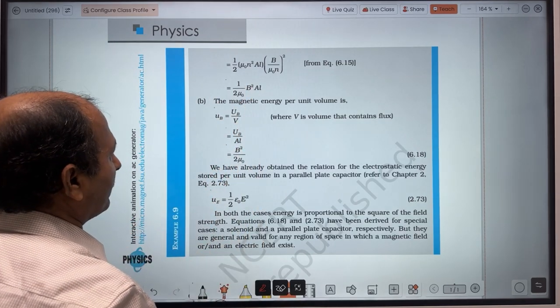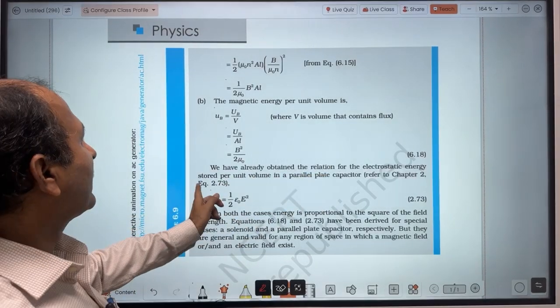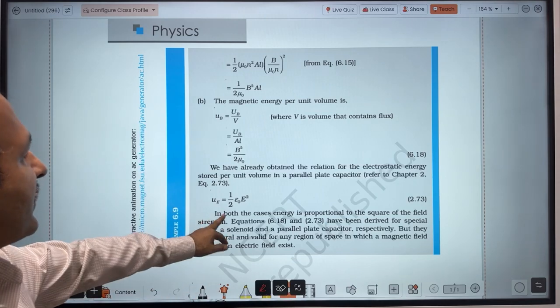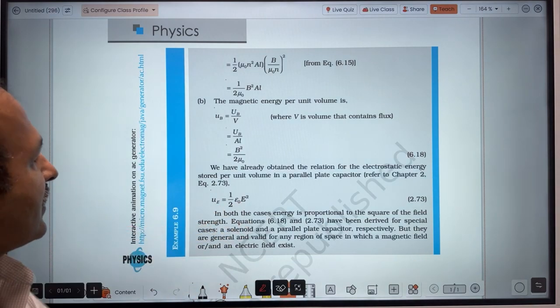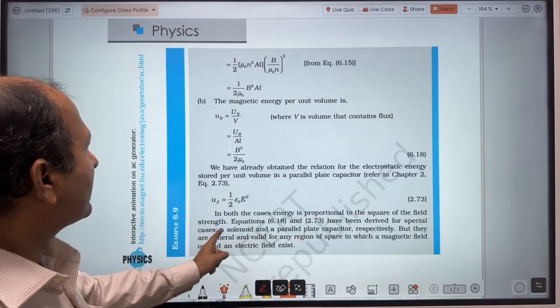Up to here there is no problem. We have already obtained the relation for the electrostatic energy stored per unit volume in case of a capacitor, that was U equal to half epsilon naught E square, right? In both the cases, energy is proportional to the square of the field strength.